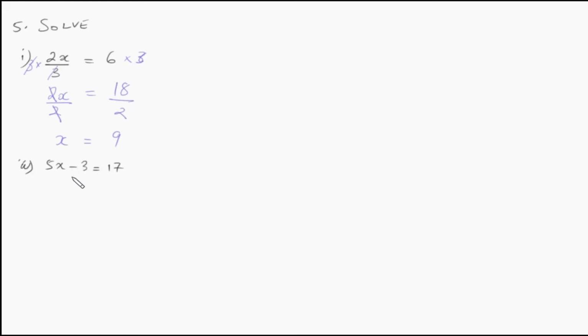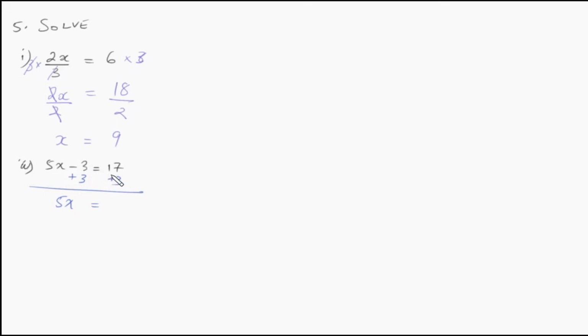If it's minus 3, let's say plus 3, so that it becomes 0. So we say plus 3 on this side to balance. Plus 3 on the left hand side to make this 0, so that we are left with 5x equals. On this side, plus 3 to balance.